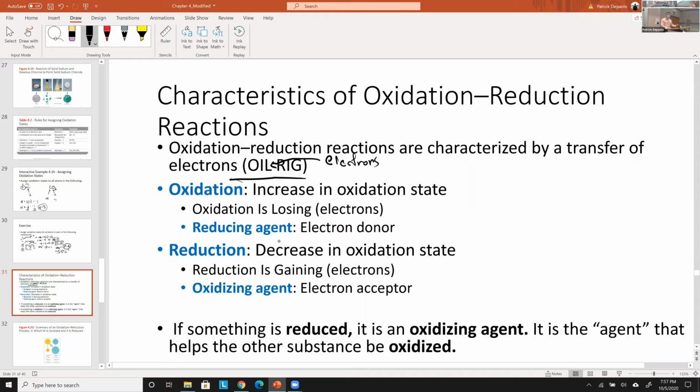In any redox reaction, there's always both taking place, because you can't just spontaneously lose electrons out of nowhere or gain them out of nowhere. So it has to be transferred to some other atom. And so RIG, reduction is gaining of electrons. If you're gaining electrons, your oxidation state or your charge goes down. So reduction means the reducing of the oxidation number, meaning the number goes down. That's the easiest way to remember it. Oxidation, positive, going up. Reduction, reducing the number, decreasing it.